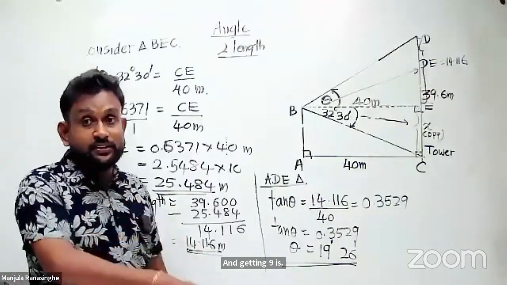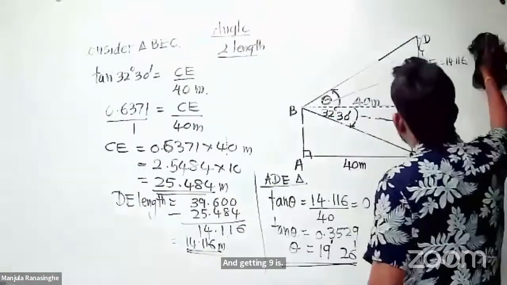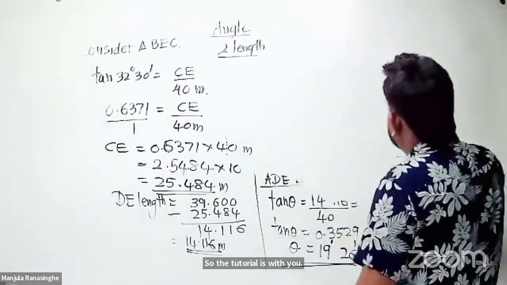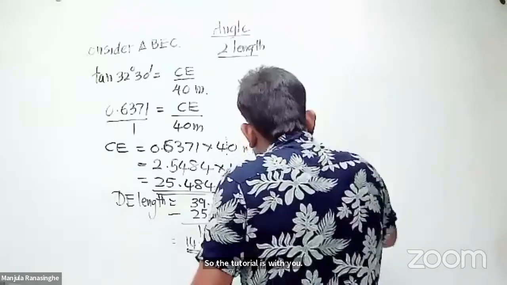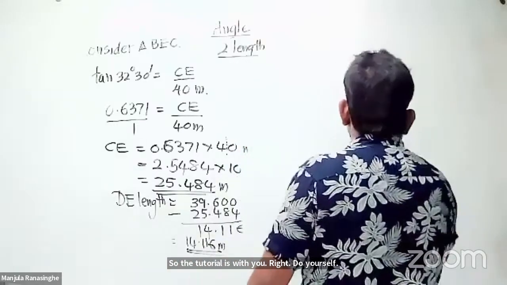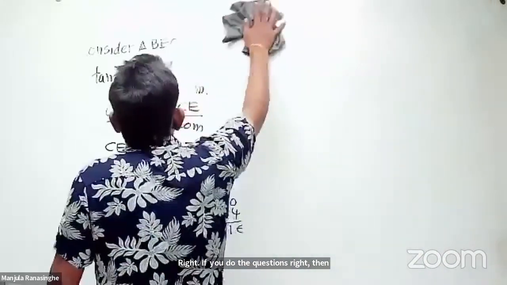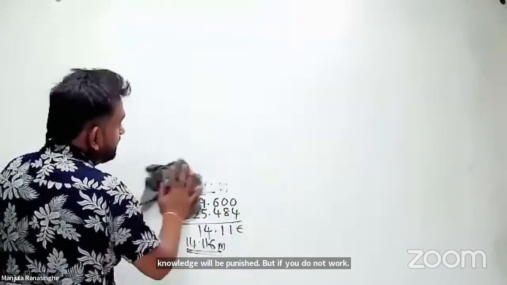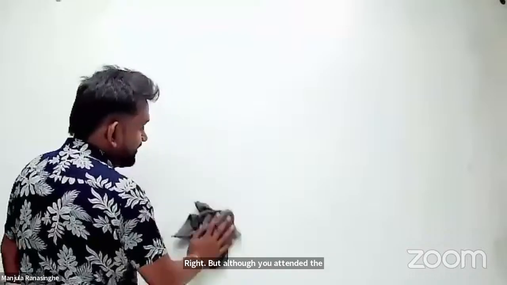Okay, Buddha, I think that is done. So the tutorial is with you. Do it yourself. If you do the questions, then your knowledge will be polished. But if you do not work hard, although you attend the number one class in the world, you will not be able to do the maths.